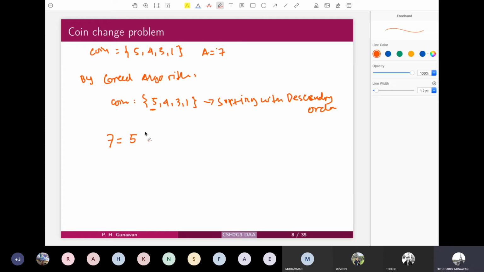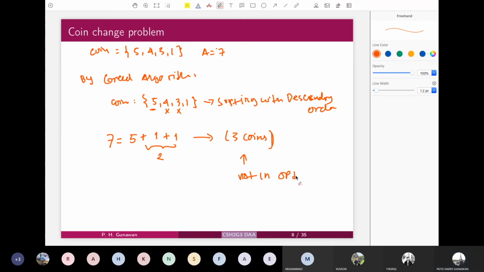Then you pick 4? Impossible, since you need 2 left. 4 is not possible, 3 is not possible, and then of course 1 plus 1. Using the greedy algorithm, you find that this is 3 coins, which is not the optimal solution.